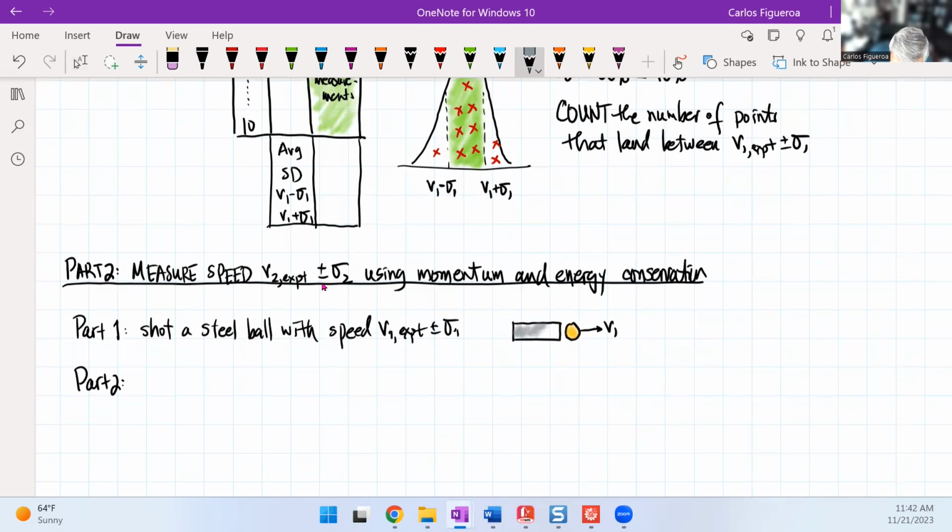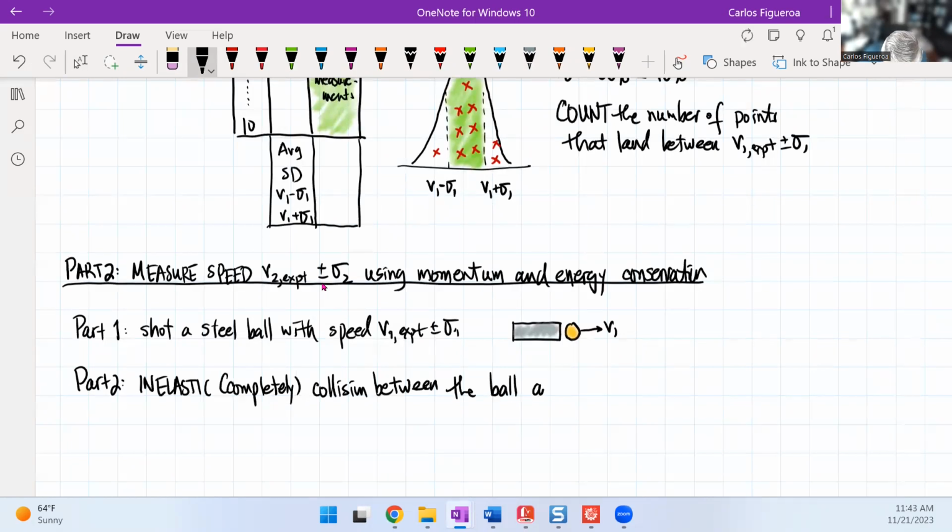But in part two, what's different is that we imagine we have an inelastic, and I should be careful and say completely inelastic collision between the ball and a pendulum catcher.